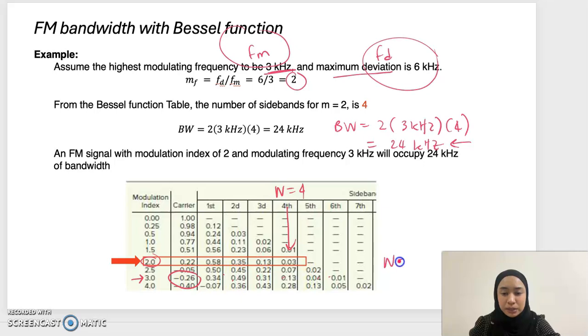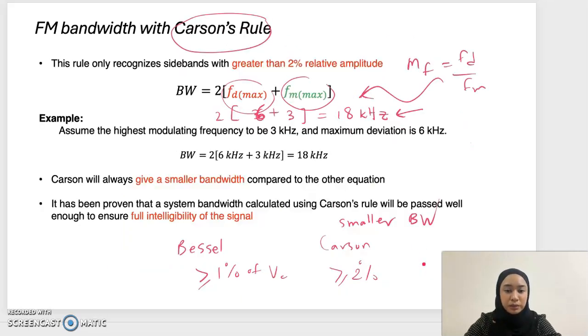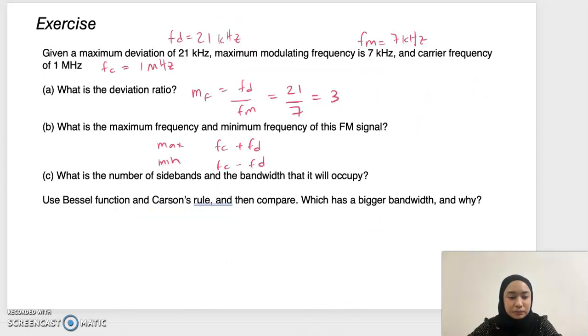So N would be equal to 6 for MF equals 3. We found out if our MF is 3, then the sidebands would be equal to 6, right? So what is the number of sidebands? The number of sidebands is equal to 6.